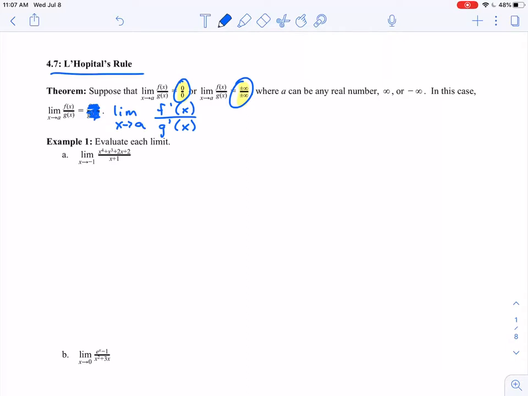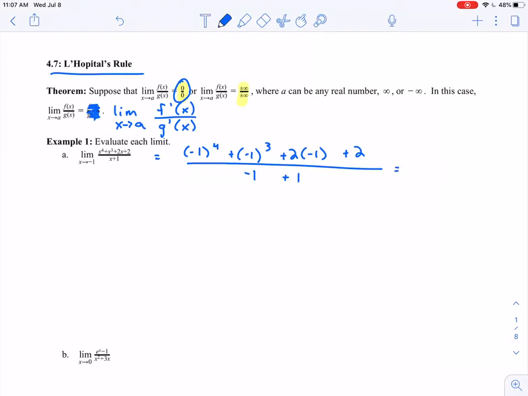So it's really important that we double check and make sure that we have a limit of indeterminate form before we continue on. If I look at this first example, the limit as x approaches negative 1 of x to the fourth plus x cubed plus 2x plus 2, all divided by x plus 1, let's just try plugging in negative 1. Negative 1 to the fourth plus negative 1 to the third plus 2 times negative 1 plus 2, divided by negative 1 plus 1.